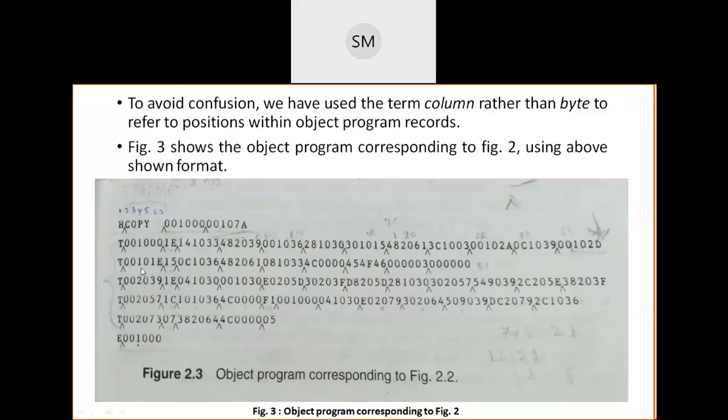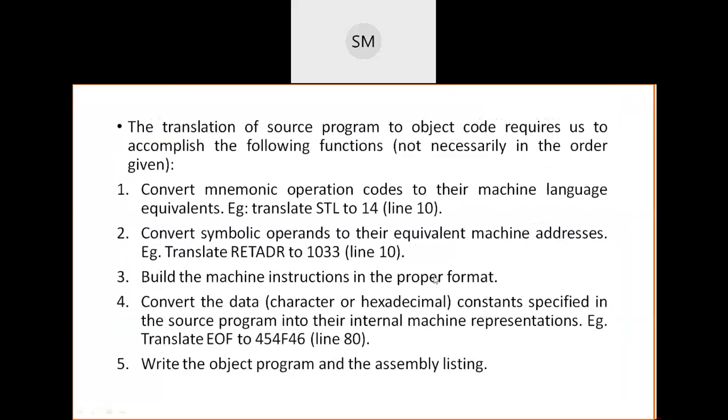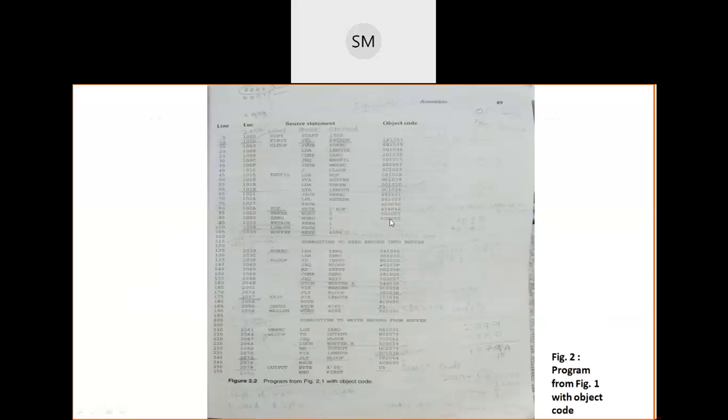Keep on writing the object codes, and once you reach the end of this subroutine, once you reach this 00, that is line number 90, you should stop there. Clear? You had started from 101E, and you are stopping at line number 90.